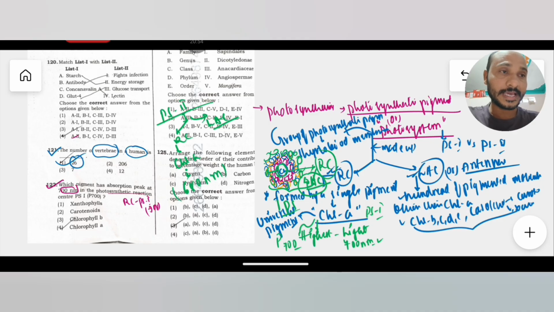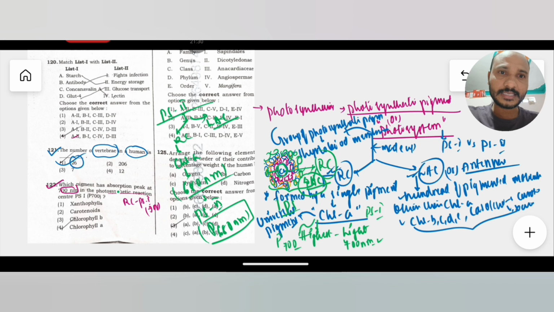Hence in PS2 we use P680, and in photosystem 1 we use P700, because the reaction center chlorophyll A has the maximum light absorption. By this we need to apply each and every concept here.